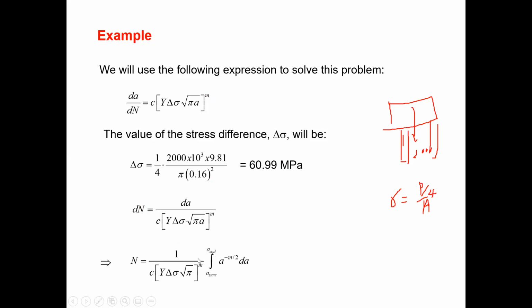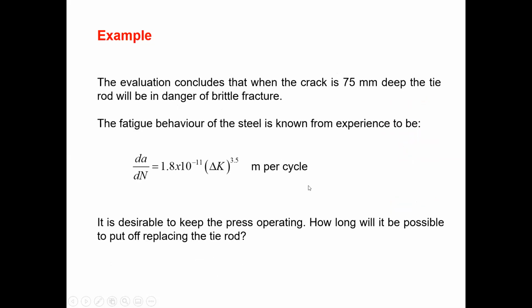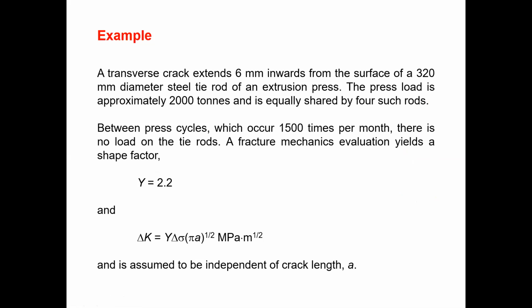Rearrange this equation, then substitute. Here the integration is also shown with symbols. If you don't want to show it, just substitute the C value, Y, this is the stress range, this is 5, and this is the M value, and you can see the start and end. They provide it initially here.